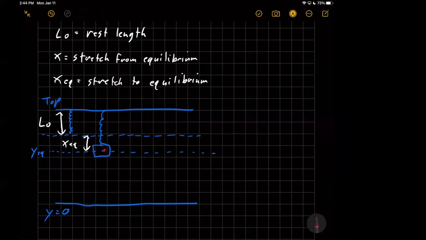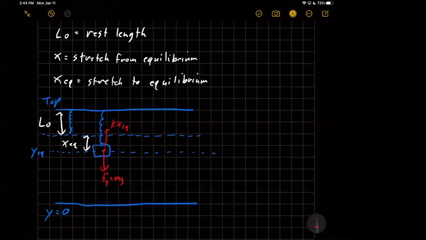But we'll assume almost all of the mass is in the block. So we have the force of gravity, which is equal to mg downward. And then because we stretched, we're going to have a force that is going to be k xeq upward, because xeq is the amount that the spring stretched.